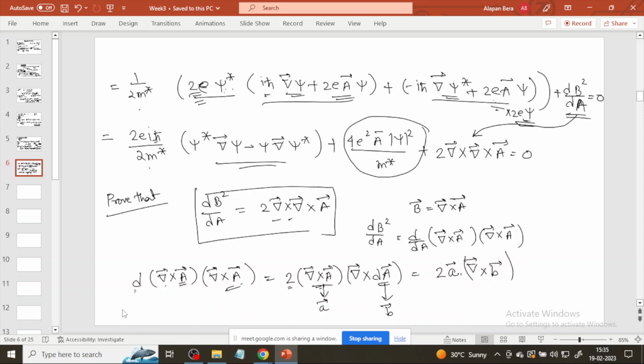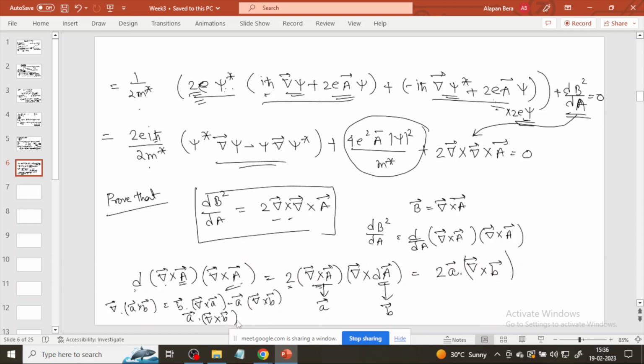Now we know that the divergence of A cross B is B dot curl of A minus A dot curl of B. So from here we get A dot curl of B as B dot curl of A minus the divergence of A cross B. Now we put the values of A and B into this term.